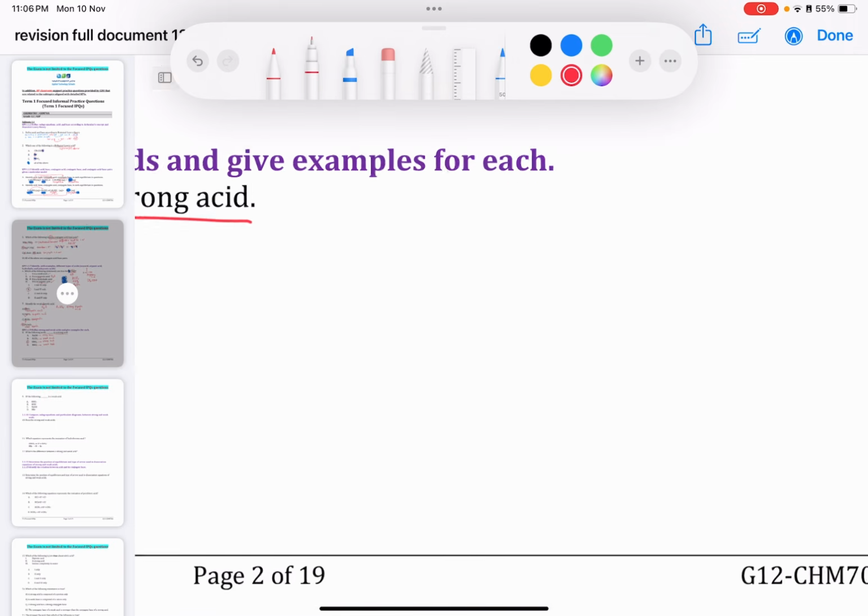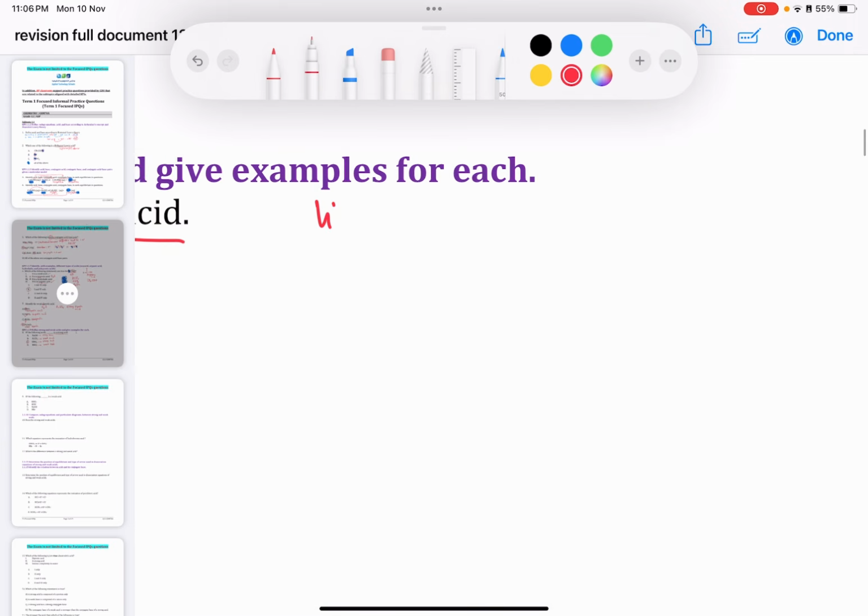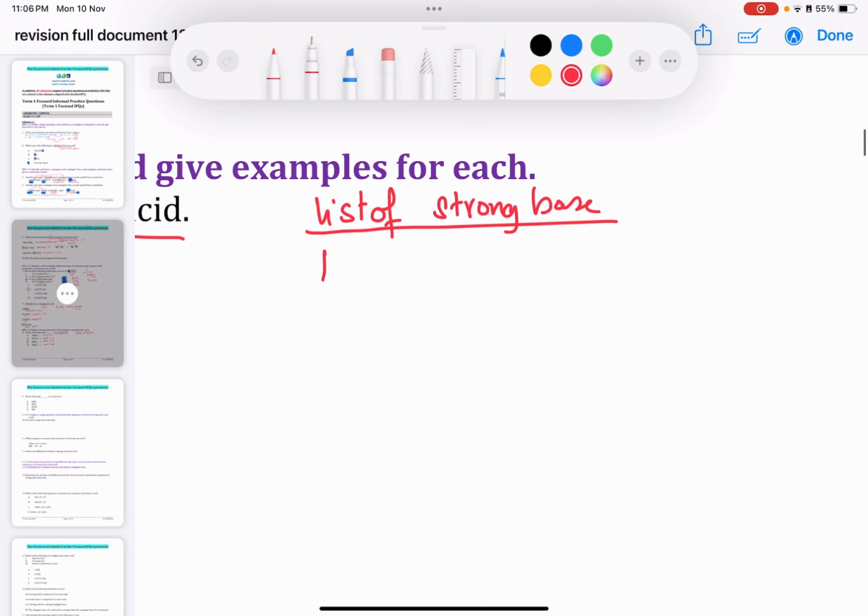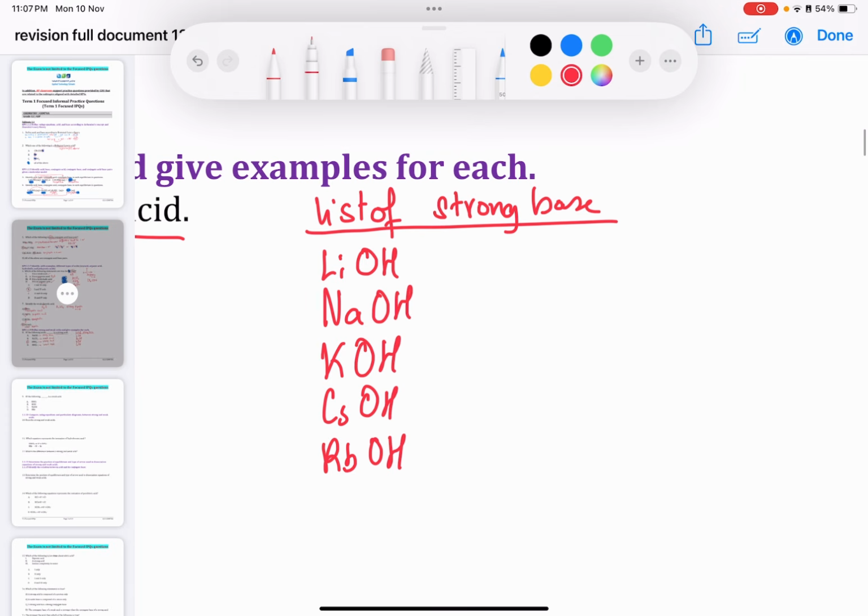And I am also going to mention here the list of strong bases that you need to know for the exam. So from group 1, the list of group 1 metals, we have LiOH, NaOH, potassium hydroxide, cesium hydroxide, rubidium hydroxide.